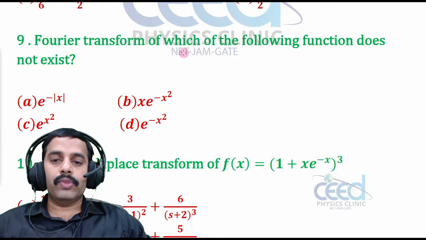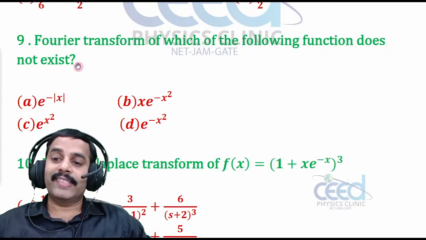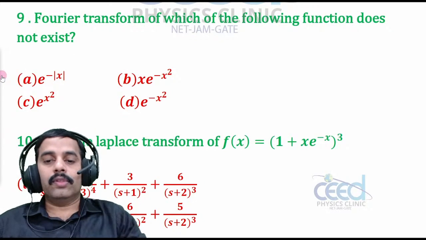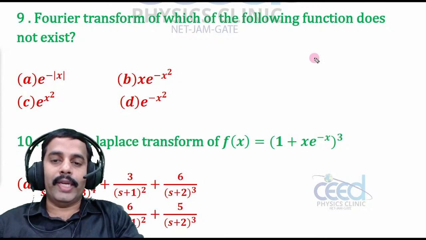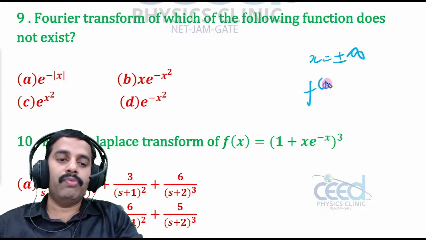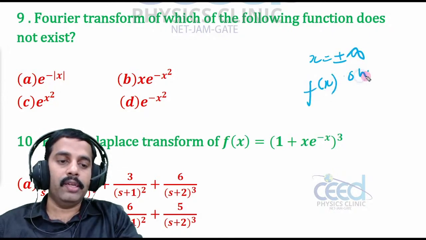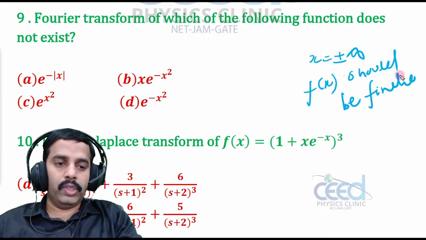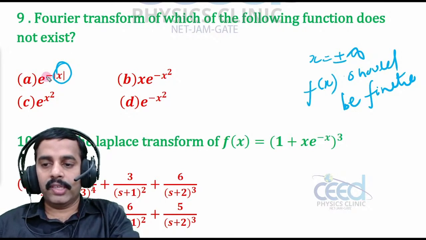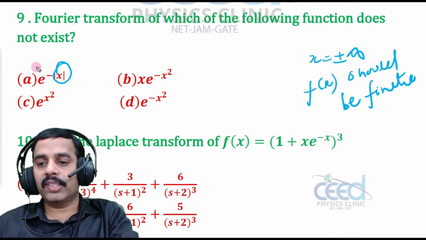Fourier transform of which of the following functions does not exist, right? So to exist a Fourier transform, the condition is at x is equal to plus or minus infinity, the function should be finite. F of x should be finite, right? So if you give plus infinity or minus infinity here, due to this outside negative sign, this function is finite.